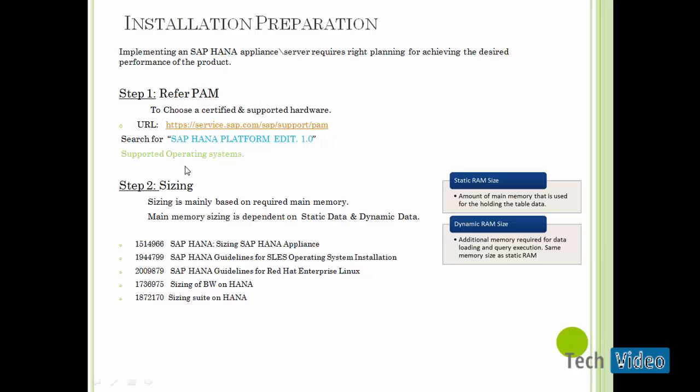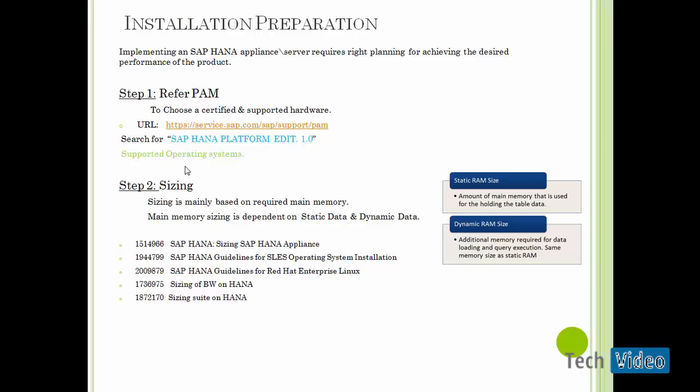So that's the first step. Once we have decided which operating system has to be used for installing SAP HANA database server, next step is about designing or about sizing the hardware so that we can proceed with the installation.